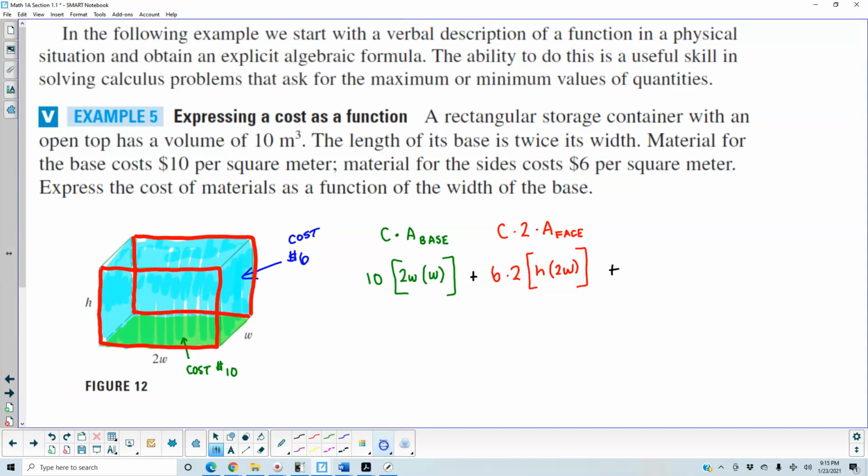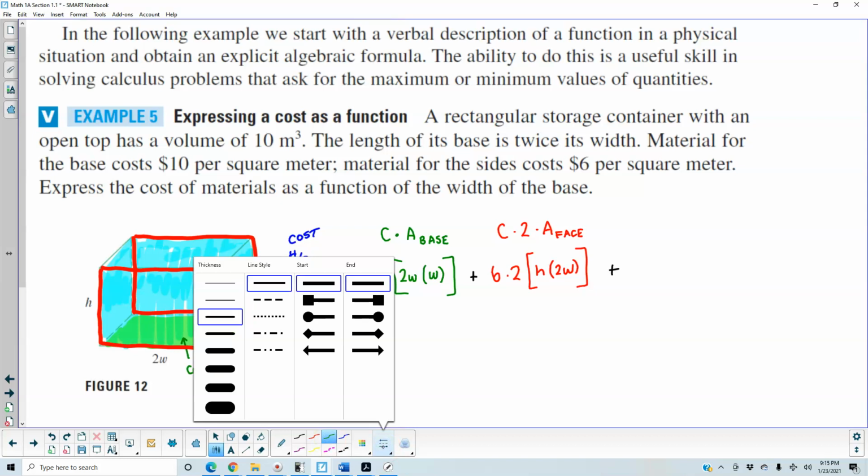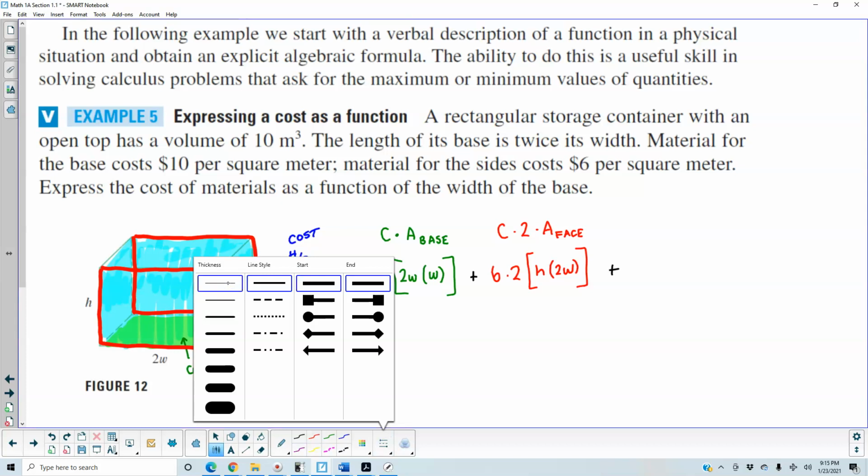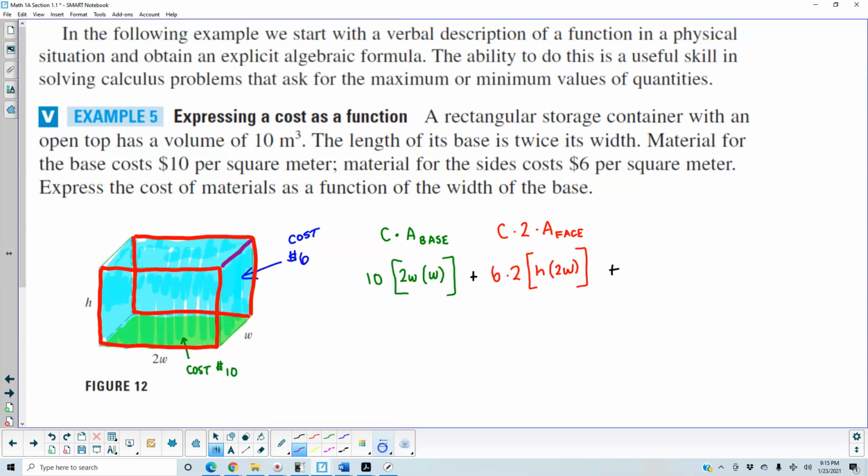Now we want to find the cost of the sides. Here is one side, and here's the other side, and there are two of them.